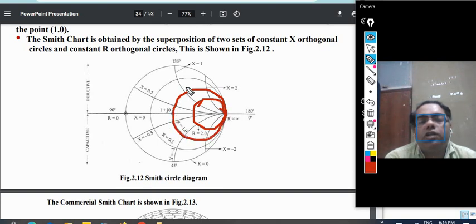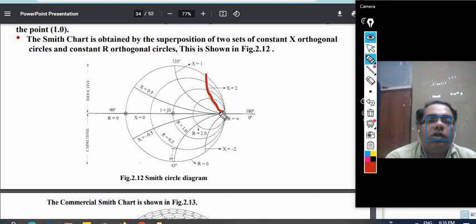Because here the normalized resistance remains constant and the reactance changes. Whereas these circles are known as constant X circles, constant reactance circles, because along these circles the value of X remains constant but R changes. So these two families of circles are orthogonal to each other. These comprise a Smith chart.